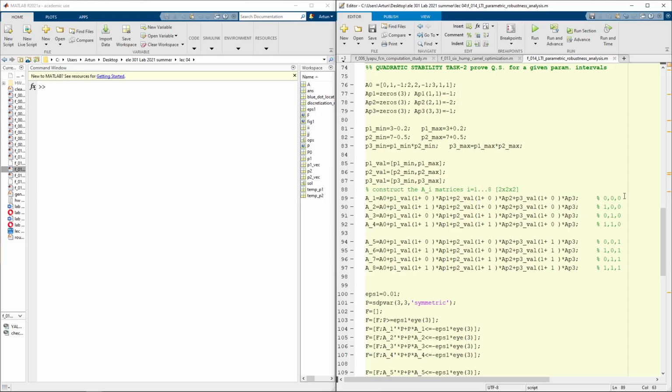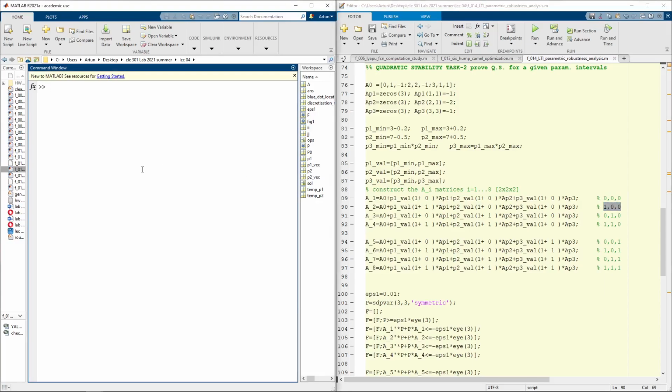And again, here this is the decimal to binary conversion, from 0 to 7. I just created it in this manner. This is 0 and this is 7.